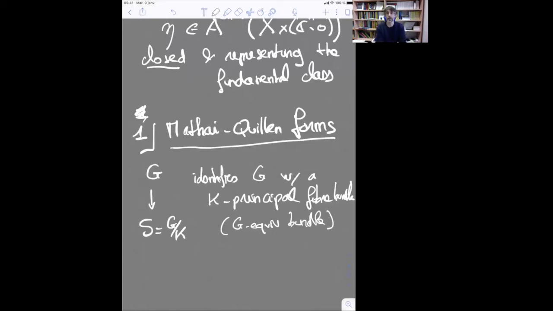And it's naturally equipped with a natural connection form on this bundle.